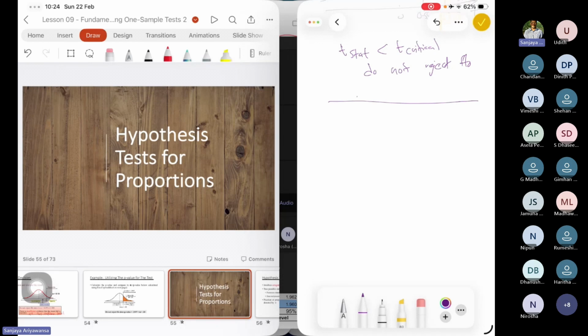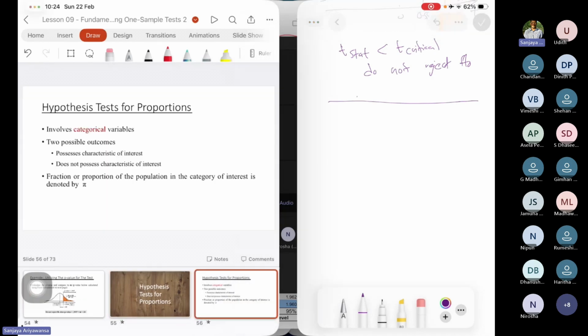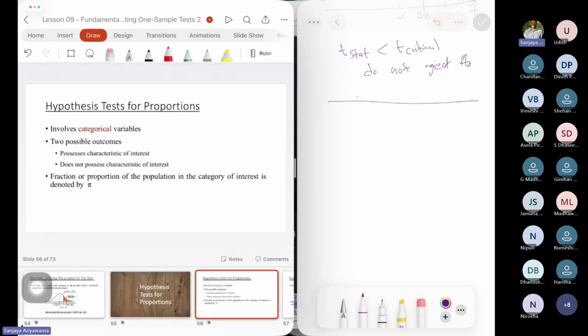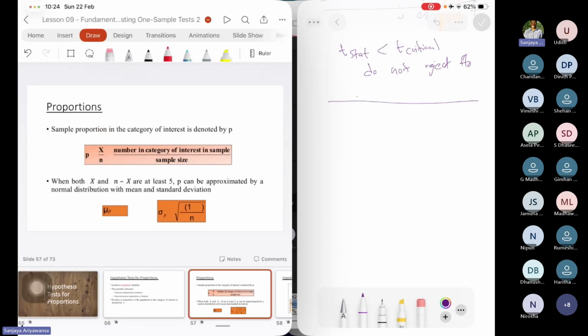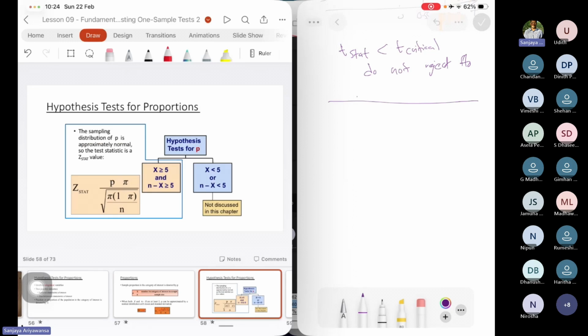Again, one sample only. Under hypothesis test for proportions, we are looking at categorical variables, proportions. Just like before, I don't think I need to go into detail on the equations. So here, mu p equals the population proportion. Sigma p is the square root of pi times 1 minus pi over n.